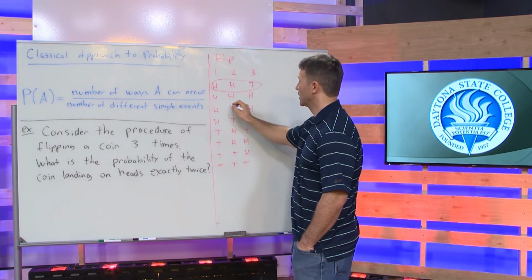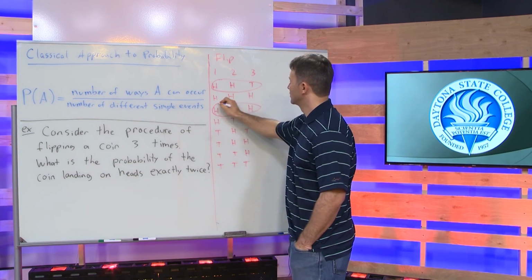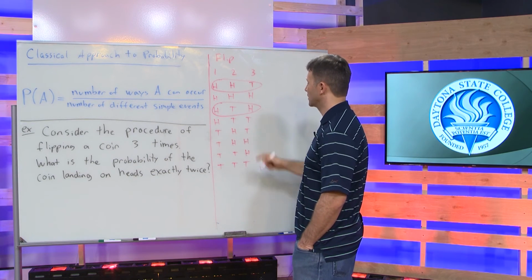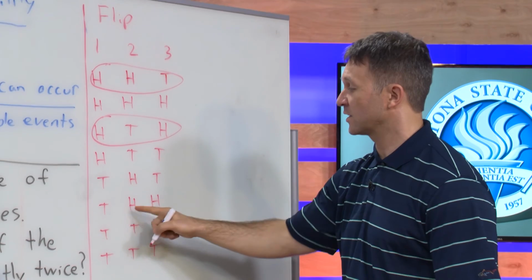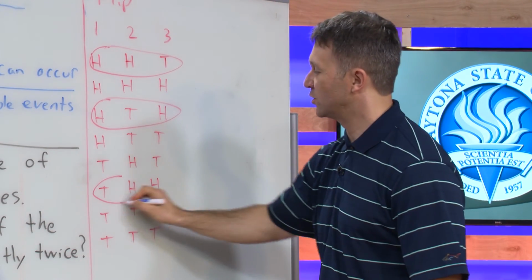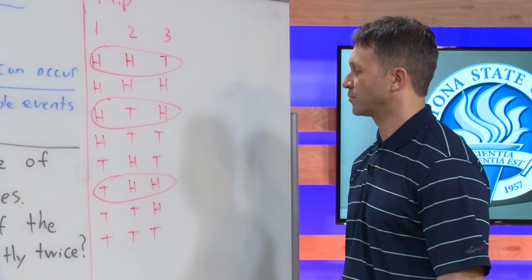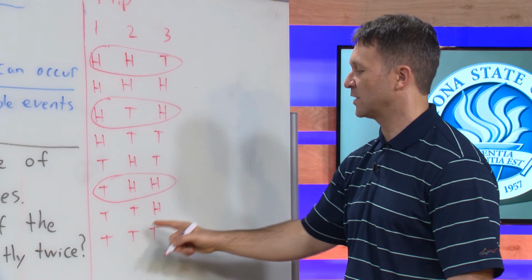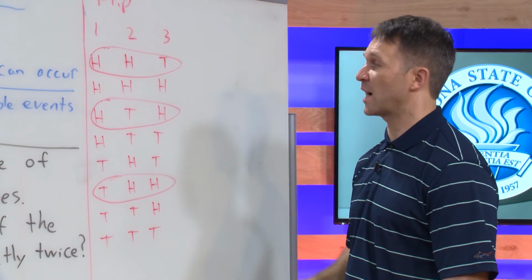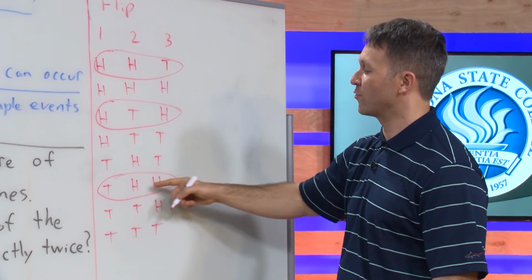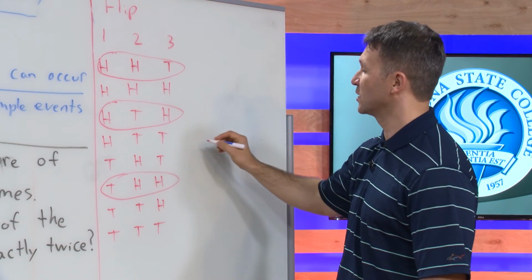That would be exactly 2 heads. Okay, this would be heads, tails, tails. Tails, heads, tails. Okay, this one right here, tails, heads, heads. Exactly 2 heads. Okay, then tails, tails, heads, and then tails, tails, tails. So how many ways of getting exactly 2 heads? There would be 1, 2, 3 ways of getting exactly 2 heads.